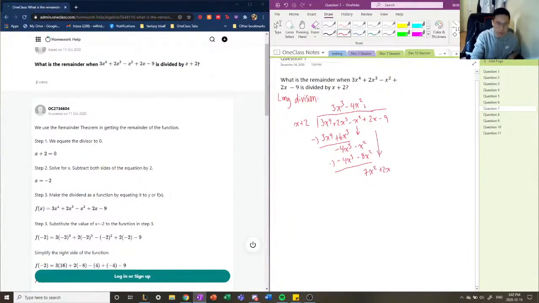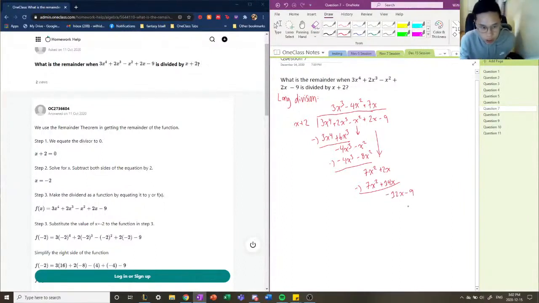How do we get rid of this? We multiply by 7x, and we get 7x squared plus 14x, and we get negative 12x minus 9.